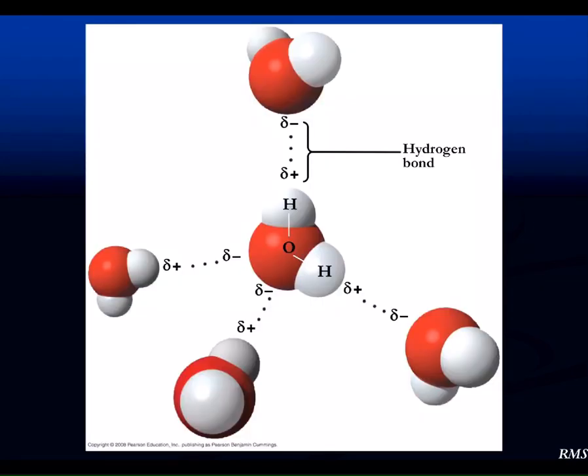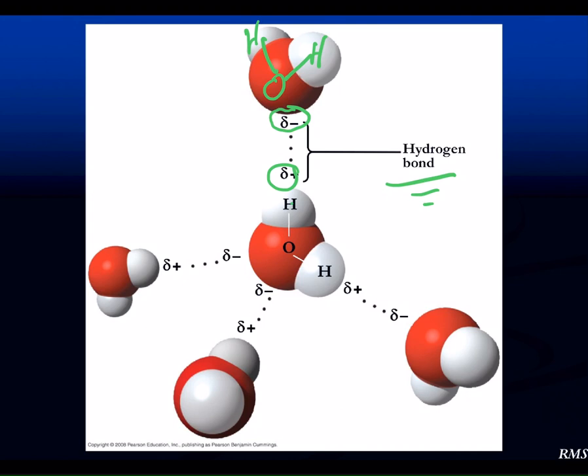The reason it's so good at reacting with other polar compounds is because of the hydrogen and oxygen. Here the white balls are the H, the red ball is the O, and here's the slightly negative side, and then here's a hydrogen with a slightly positive side that creates that hydrogen bond we talked about. And when water interacts with other polar things, it can form these hydrogen bonds.